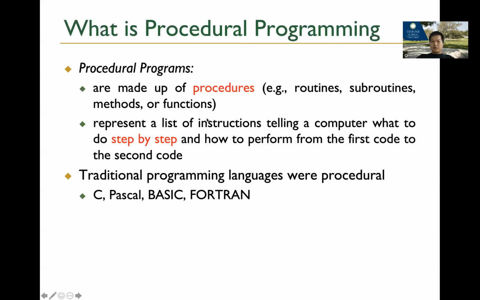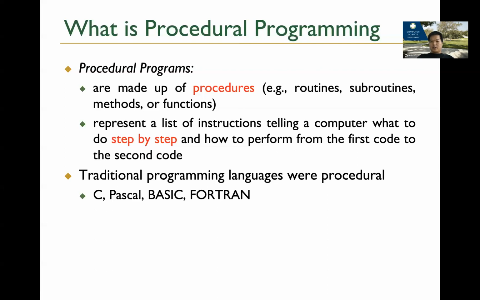You basically use all those procedures to specify how you accomplish certain tasks step by step. And obviously, every step could be a procedure. These are the distinguishing features of procedural programming languages.